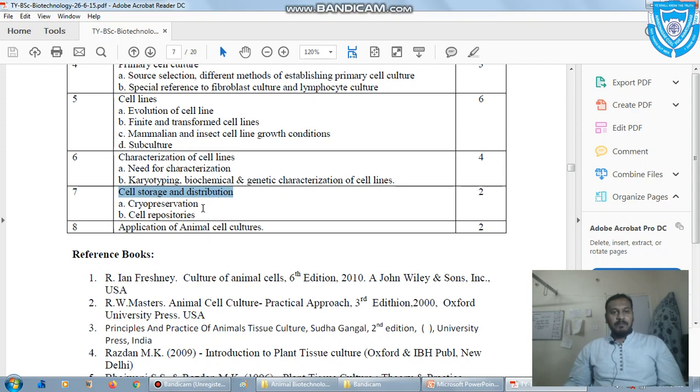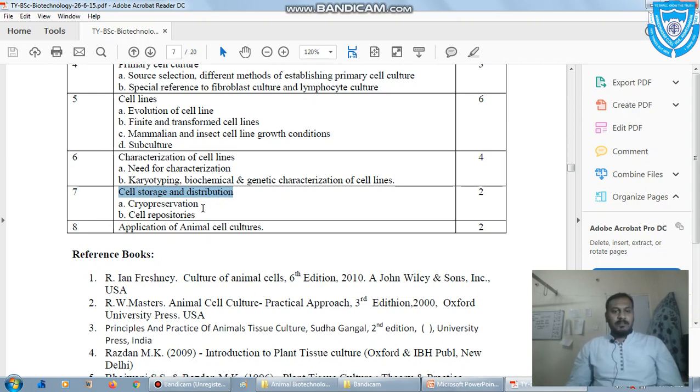Every time we don't know whether we will get the same cells in the market or in the organism, and whatever processing we do on the cells could be a very long term process, and you get a single cell line out of this long term cultivation. So for that purpose you need cell repositories where you can store the cells and use them whenever you want throughout your experimentation.